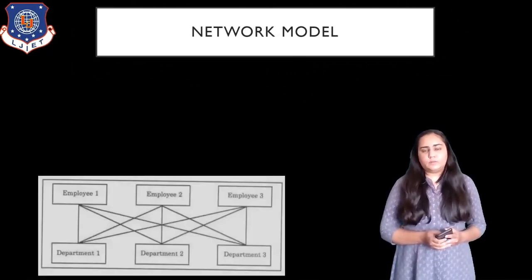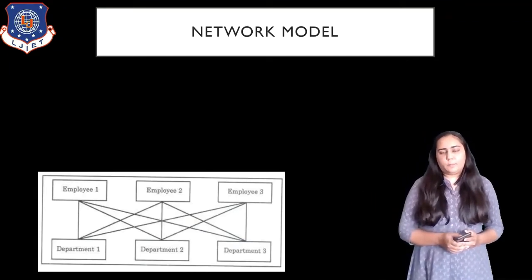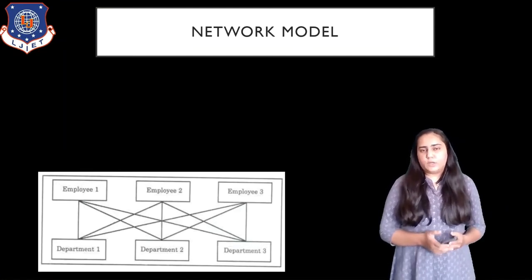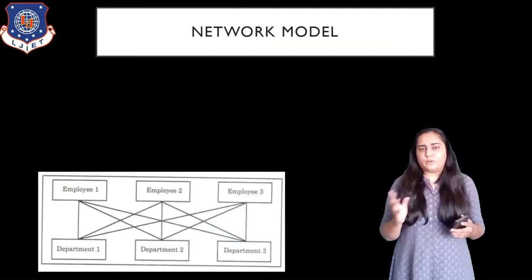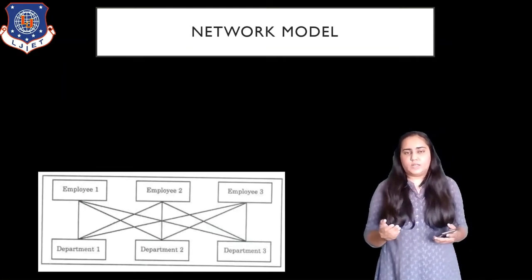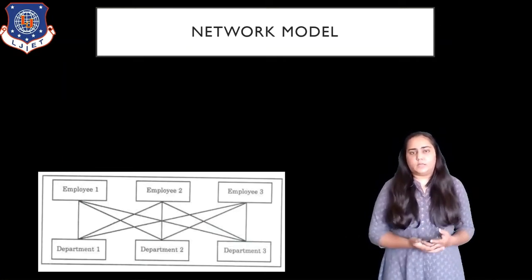The network model looks something like this. This is the diagram, and it's fairly simple if you try to create it, because all that you need to do is just put different people or different objects together. And whenever one object is related to another object, you just show it with a line.